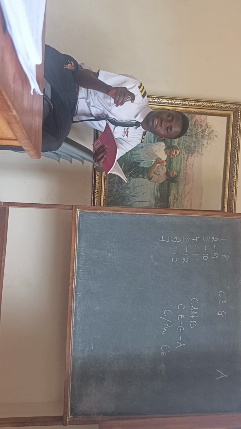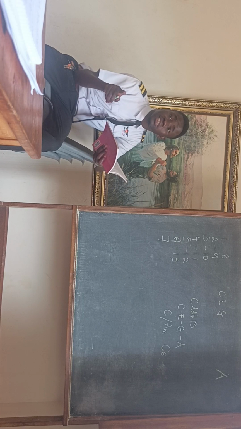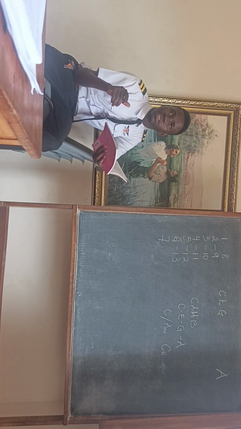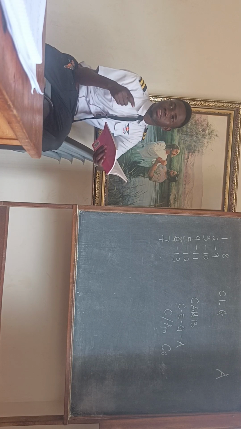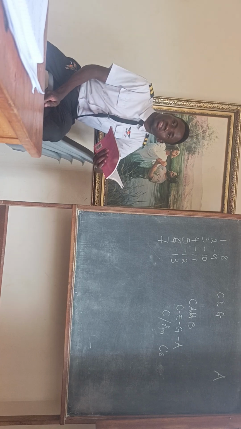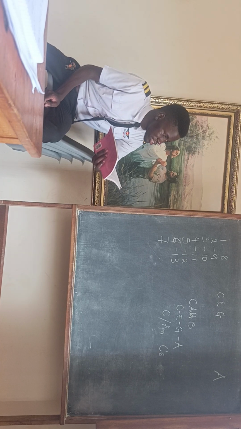The 7th degree is A. So C add 7 would be C stroke A minor, or it would be the other times, C.